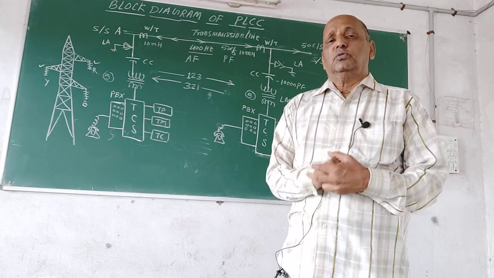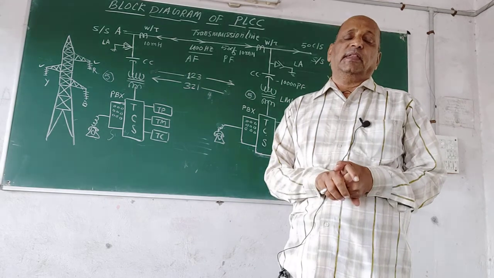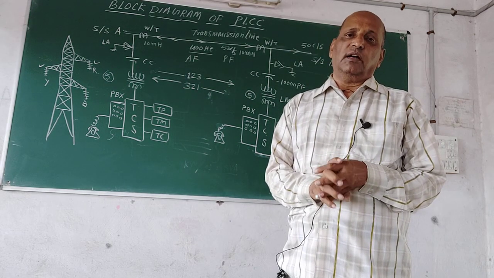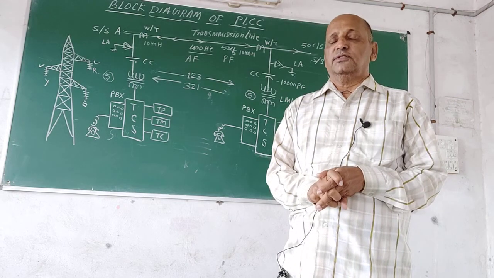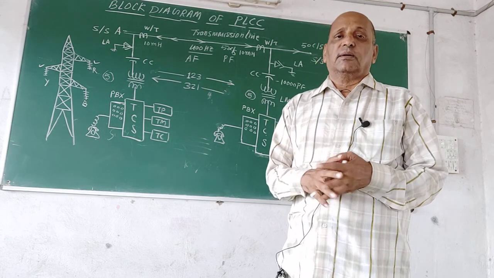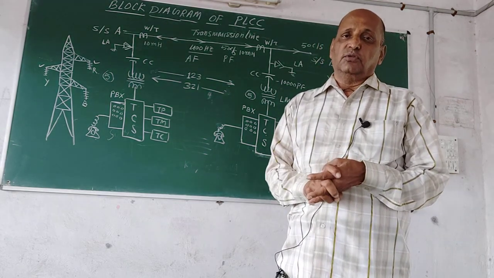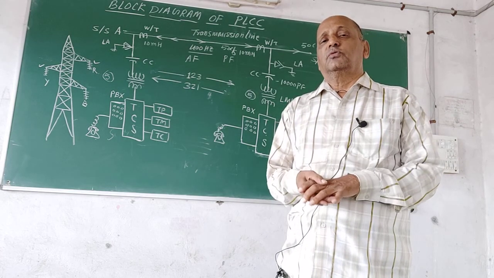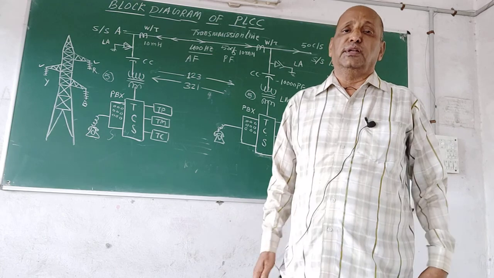What happens in day-to-day working is that some problem arises due to a fault, some problem arises due to load shedding, some problem arises due to failure of a transformer, some problem arises due to failure of a generating unit.